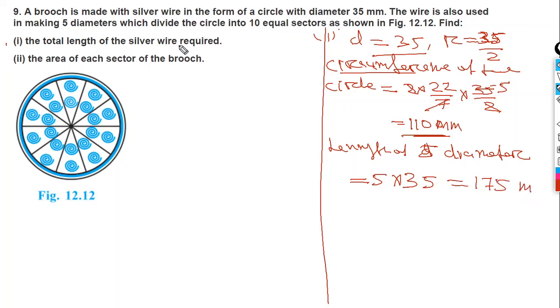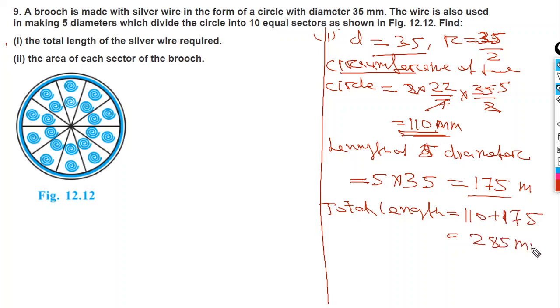So total length of the silver wire equals 110 plus 175, which will be 285 mm. So this much silver wire will be required.